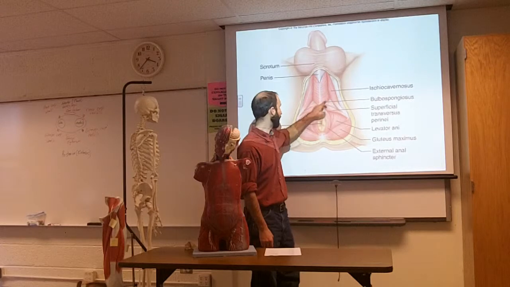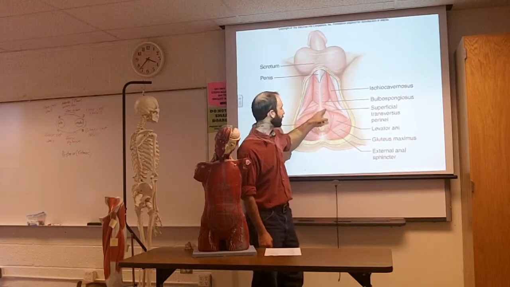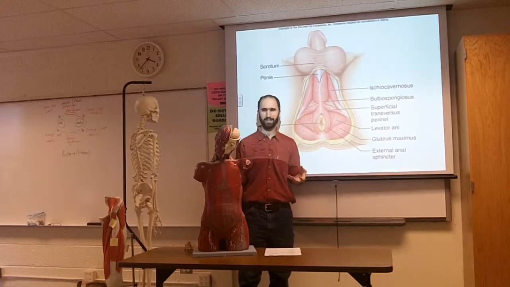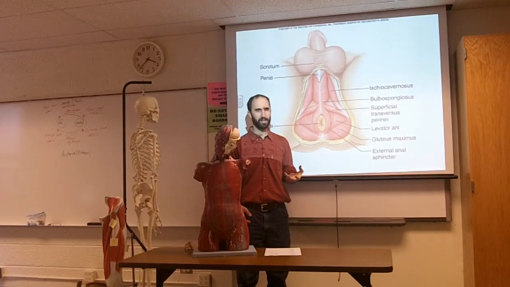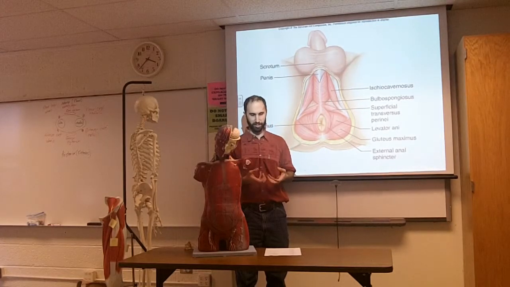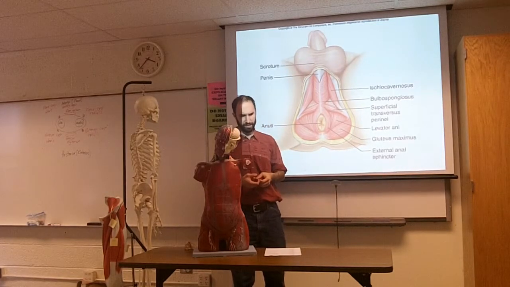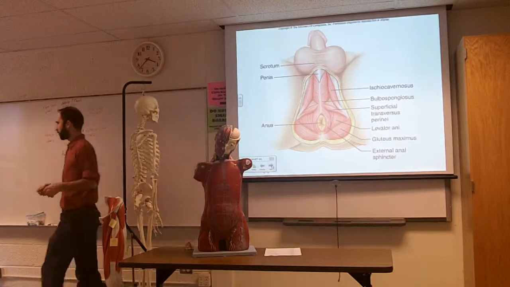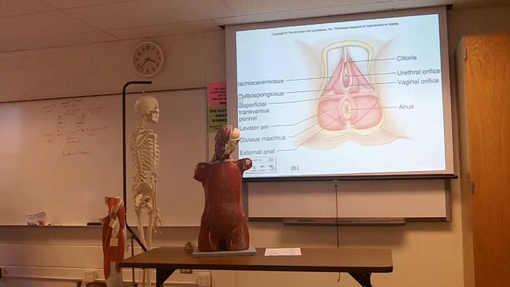So it's this spot right in here. This is just going right across the perineum, and it basically allows you to contract that perineum. Not sure what other actions there would be, but the female does the exact same thing.